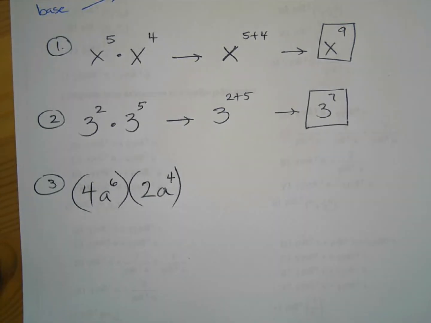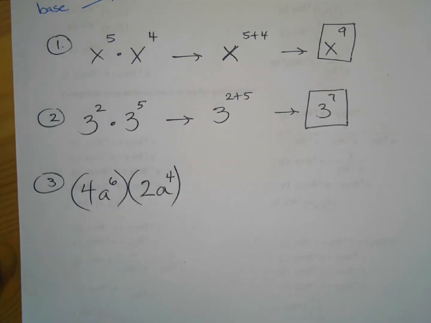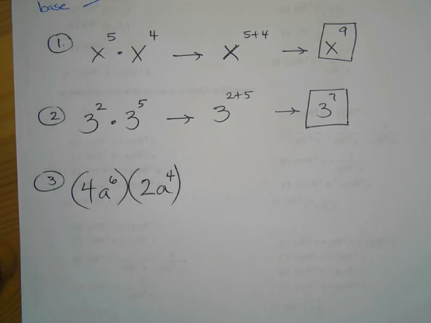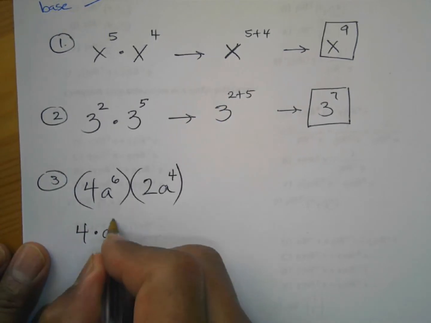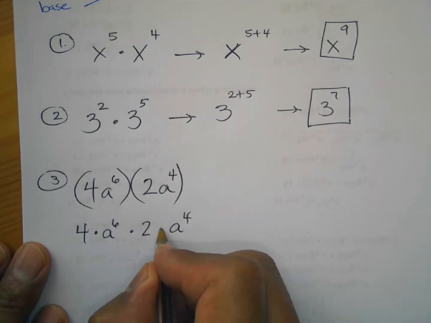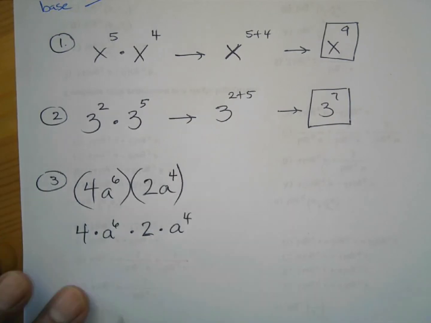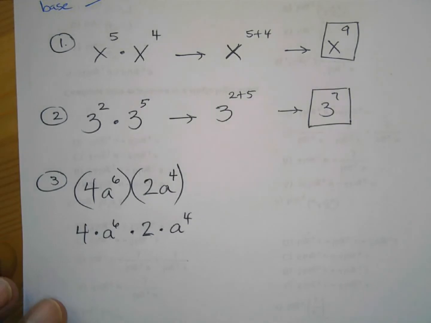Okay, when you get to this point and you have whole numbers and then variables, remember all this is multiplication. So we can really see this as 4 times a^6 times 2 times a^4, right? 4a^6 is really 4 times a^6, and 2a^4 is really 2 times a^4.